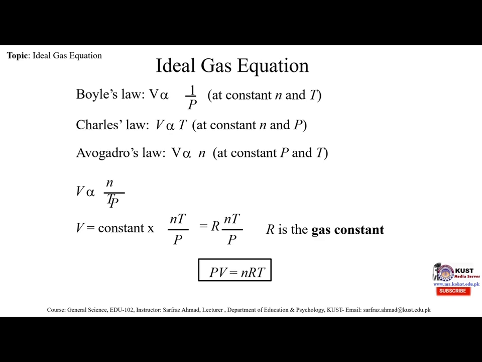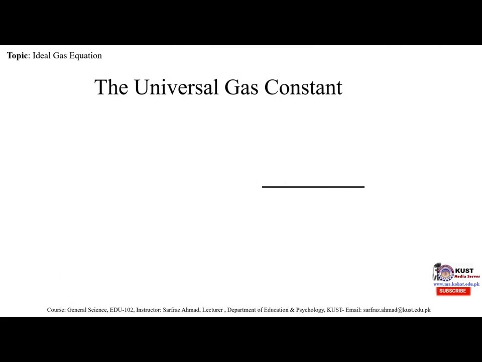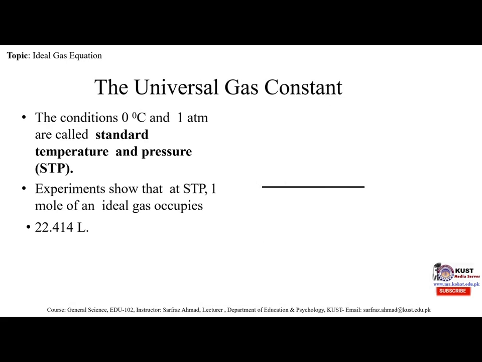And we can write down k is equal to R divided by N_A, and N_A is equal to Avogadro's number, and that is equal to 6.0221 into 10 to the power 23 per mole. Universal gas constant.